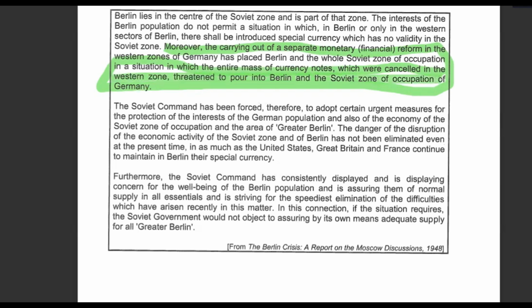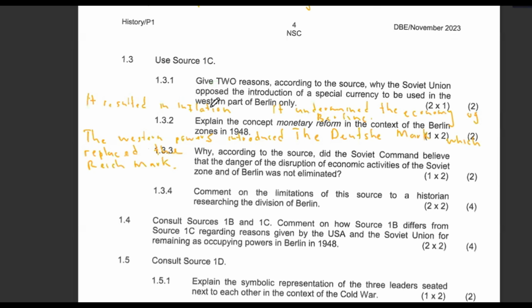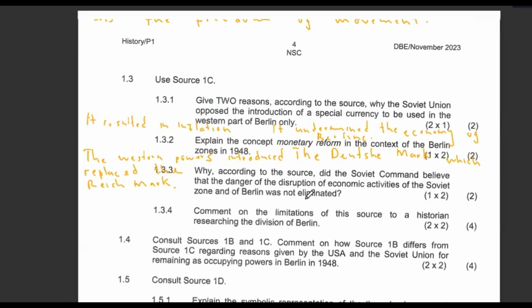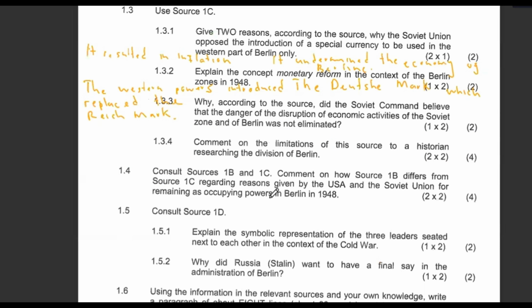So we can simplify this into simpler words. Let's go back to the question. Why, according to the source, did the Soviet Union believe that the danger of disruption of economic activities was not eliminated?